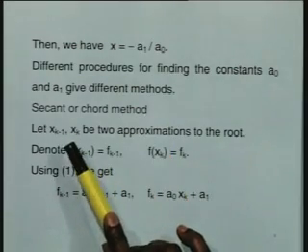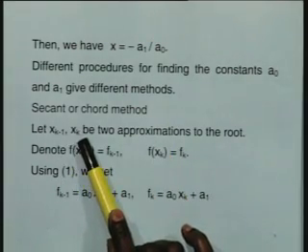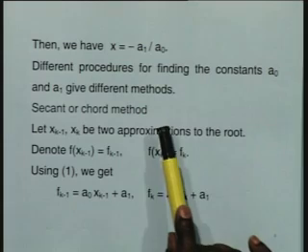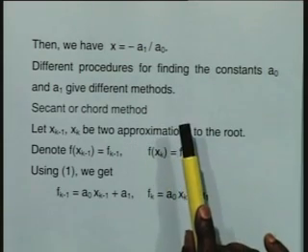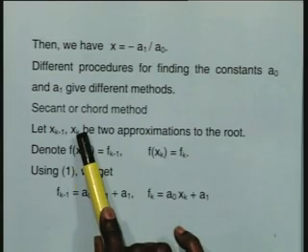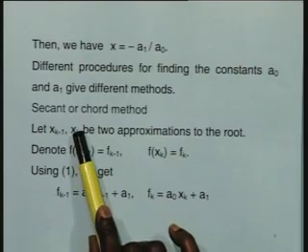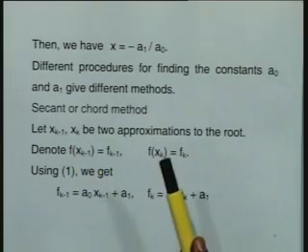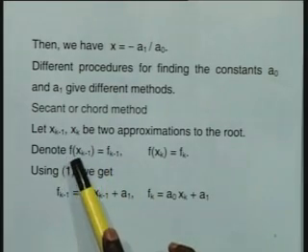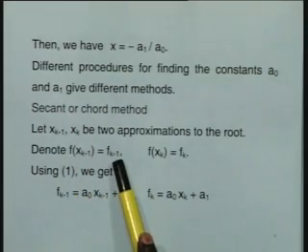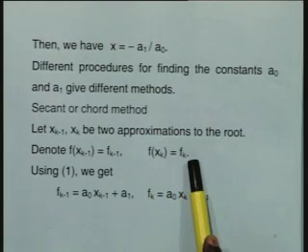We have taken two approximations xk minus 1 and xk to the root. These are any two approximations; as we said, it is not necessary that the root should lie between these two approximations. They are two arbitrary approximations near the root. Then we take the points on the curve: f of xk minus 1 is fk minus 1, f of xk is fk.